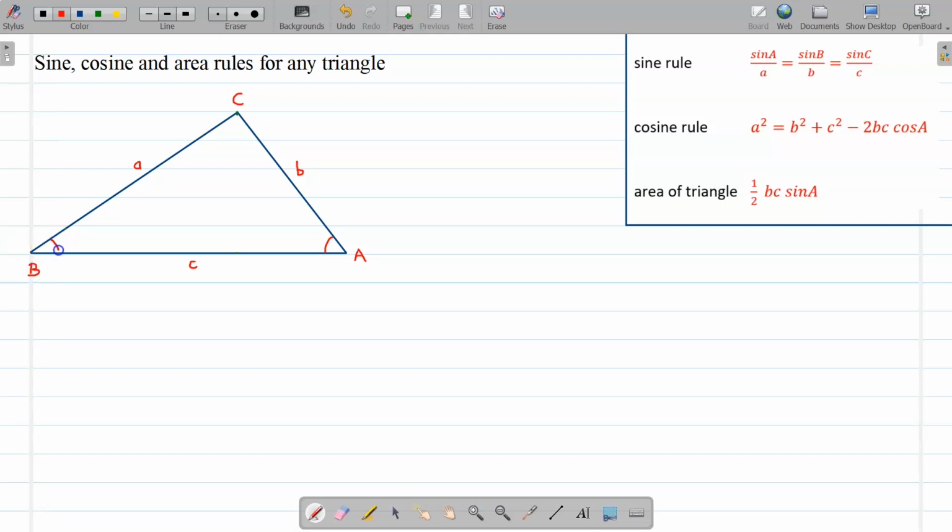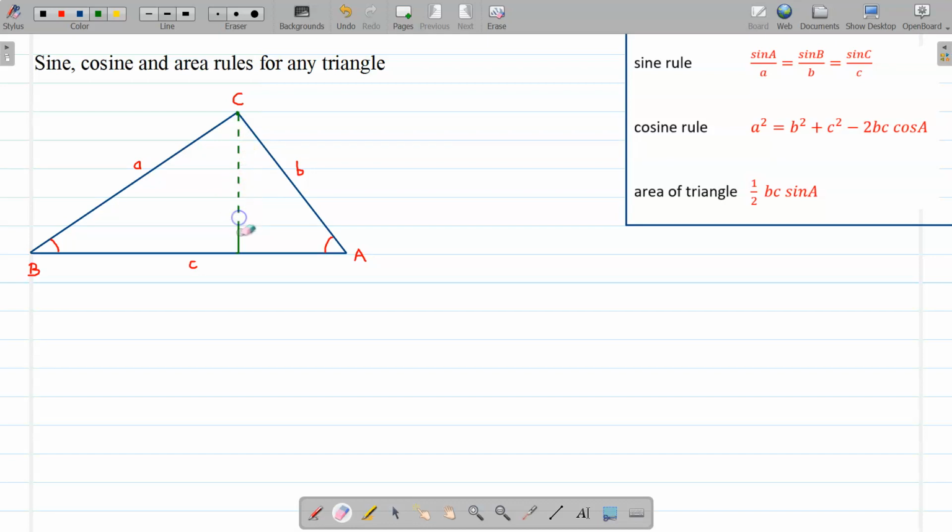All right, I'm going to drop down a vertical line that's perpendicular to the base, so it's a vertical line down here that meets at 90 degrees. I'm going to show that as a dashed line because it's not part of the original triangle. It's something I've added in.